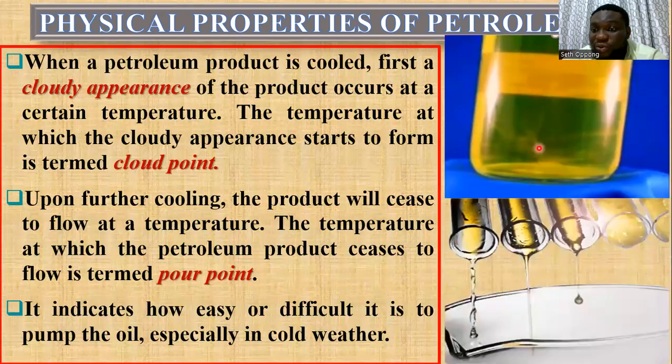The temperature at which your crude oil ceases to flow upon cooling becomes your pour point. You can see this is the same crude oil that at its initial stages was flowing very okay. Then as it's being cooled, it approaches its pour point, and the same crude oil now becomes viscous to the point that it ceases to flow. So this is the effect of the cloud point and the pour point of crude oil.